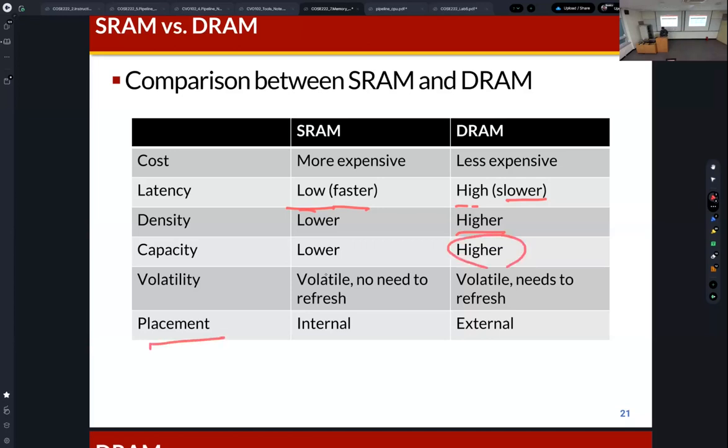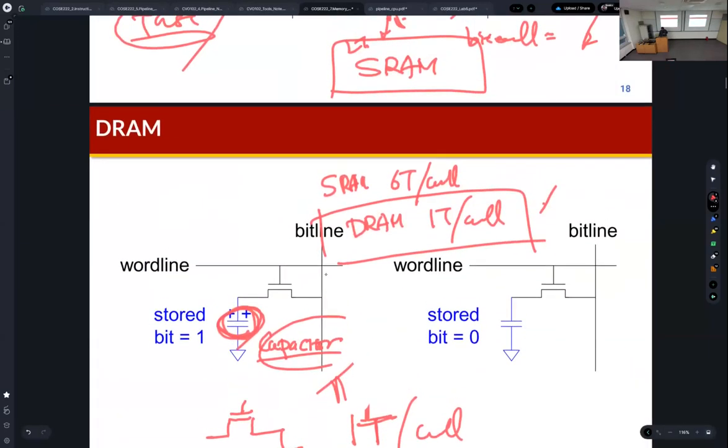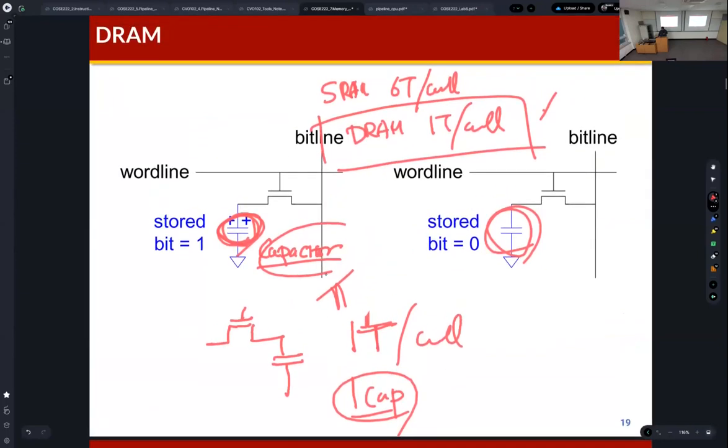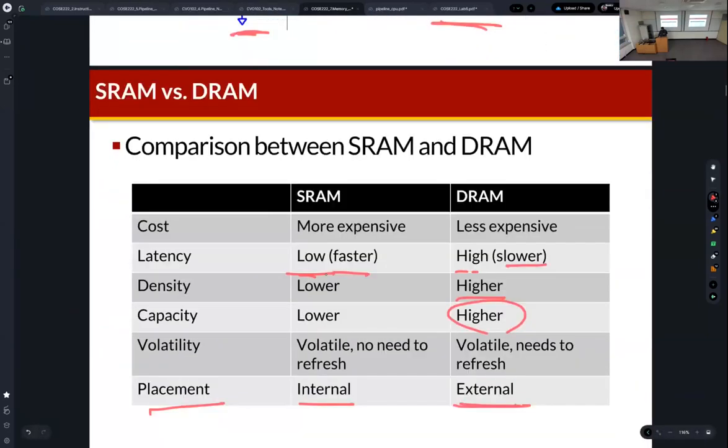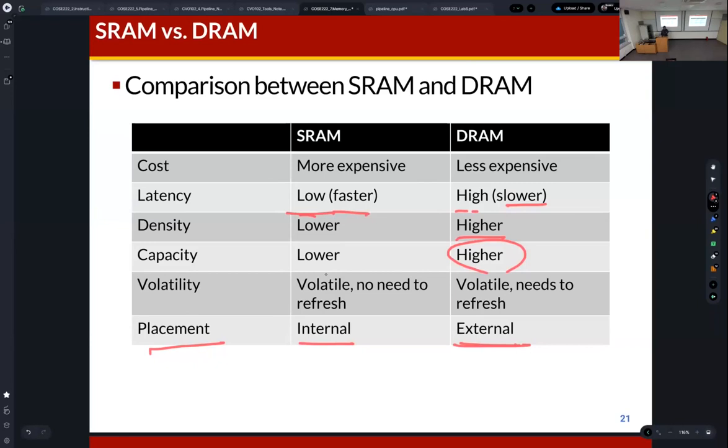Then placement, internal and external. DRAM is the external memory because of this capacitor part; the DRAM technology is different from the normal processor technology. That's why DRAM is the external memory.